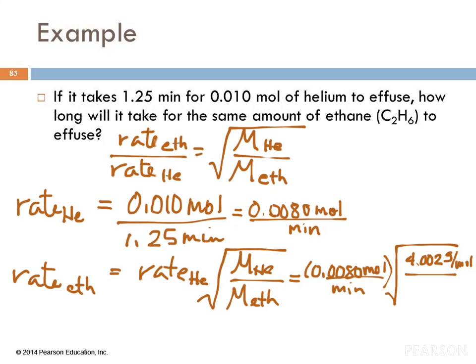So 30.068 grams per mole. So these units cancel out. So we've got 4.002 divided by 30.068. We press equals on the calculator and then press the square root button and then multiply by 0.008.